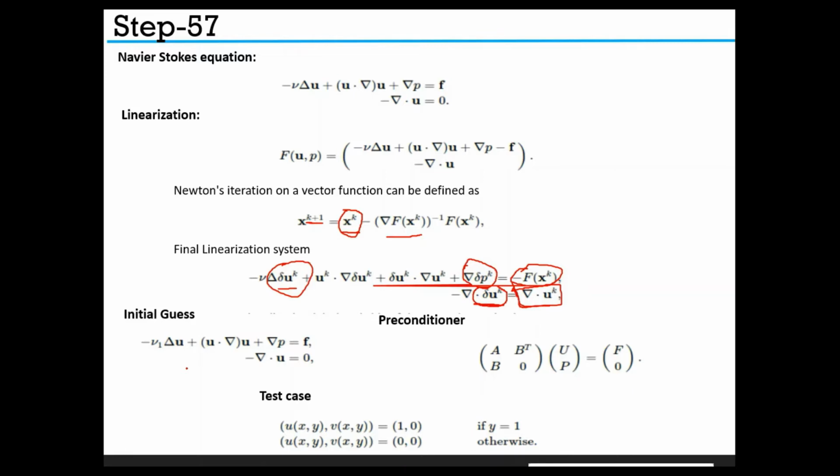So here the viscosity is very large. A good initial guess can be obtained by solving the Stokes equation with the velocity. So this is problem dependent, but this works.